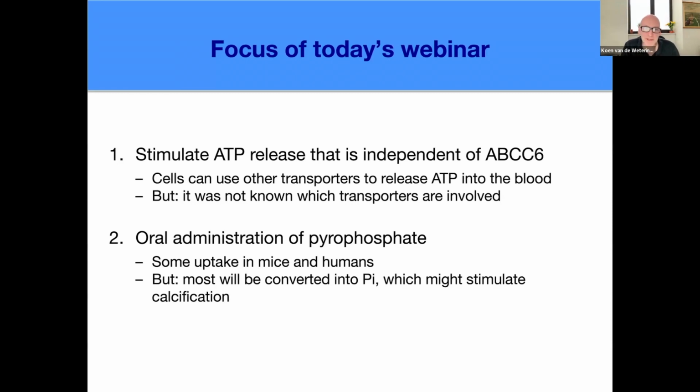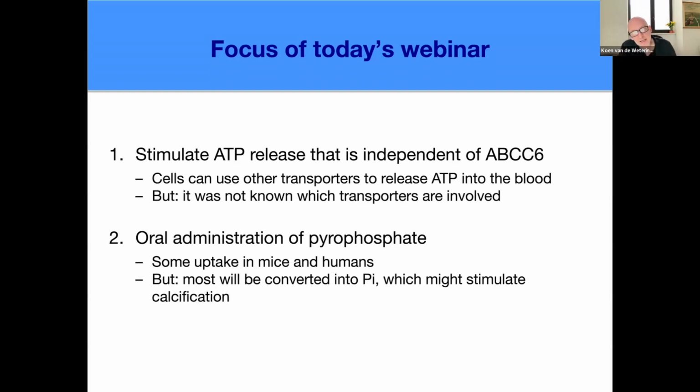And then this ATP can be converted into pyrophosphate in the blood because cells can use other transporters than ABCC6 to release ATP in the blood. That's known. It was, however, not known which transporters are involved. And we thought that if we know which transporters are involved, maybe we can look for drugs that can stimulate these alternative transporters. And in my next slides, I will come back and explain this idea in more detail.